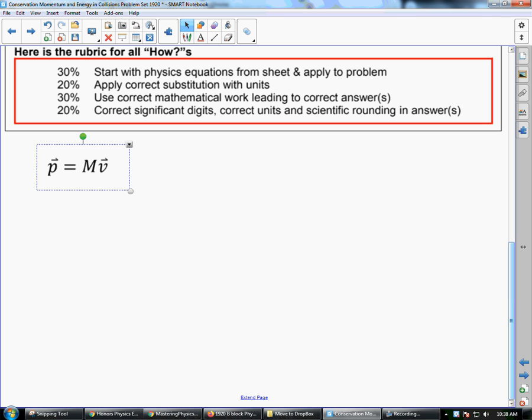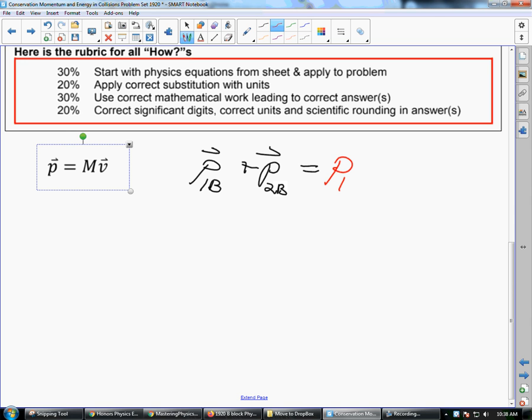So my equation that I'm going to write down here is that the momentum 1 before, the vector, plus the momentum of 2 before, as a vector, equals the momentum of the combined 1 and 2 afterwards. That's why I did the diagram, so I know how to start. So that's my direct connection between the two. Now we'll just substitute in using our equation here.